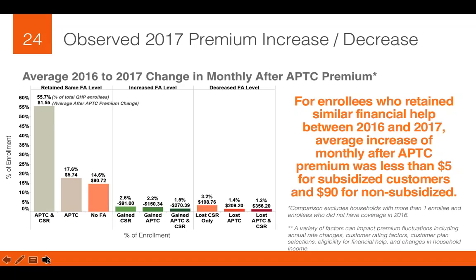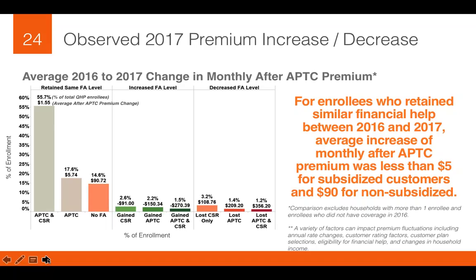In an effort to control for one of the largest variables, we tried to stratify the renewals based on their change in financial assistance level between 2016 and 2017. After we control for that, what we found was that customers who received an APTC plus CSR in 2016 and still receive that level of subsidy in 2017 had an average after APTC premium increase of $1.55.